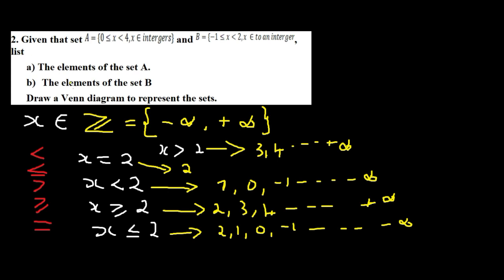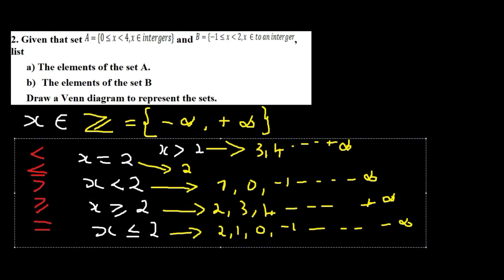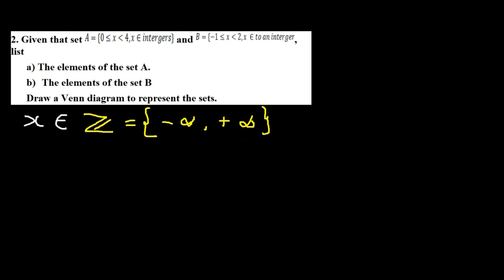So now if we apply that to our set, for set A, let's list the elements of set A. We know that set A is x greater than or equal to 0, less than 4, x belonging to integers. We read it as x greater than or equal to 0.